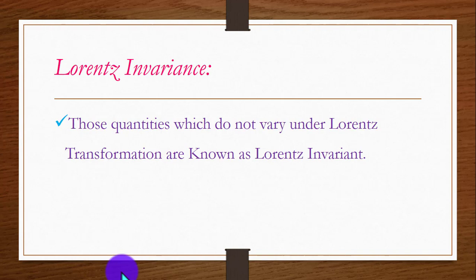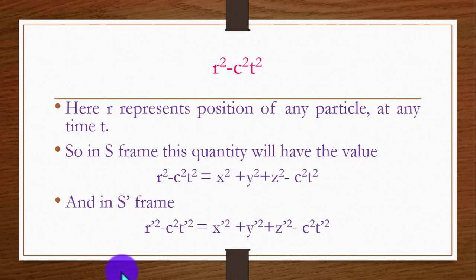So let's take one example. Let's consider the quantity r square minus c square t square. Here r represents the position of any particle at any time t.